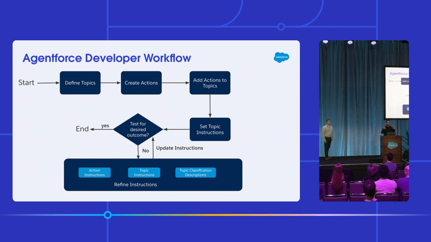And there are different types of instructions that you'll write. You'll start with classification descriptions, because you want to understand first, from the prompt or the query from the user, what topic this particular query belongs to. So that is your classification description. You need that topic classification description; you need to get that right. And then you will have instructions around actions: what should your actions do? What are its parameters?